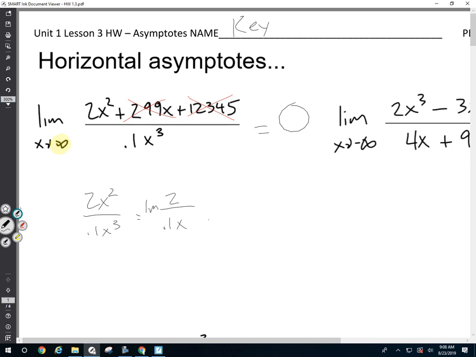If I found the limit as x approaches infinity, I would have a number divided by infinity. And again, some number divided by something that's getting very, very, very large is going to be approaching 0. Okay? So that or this. Just going to write it here for the key.